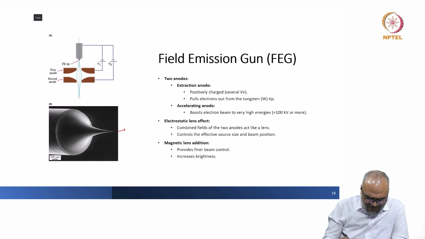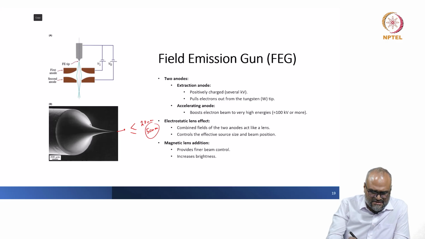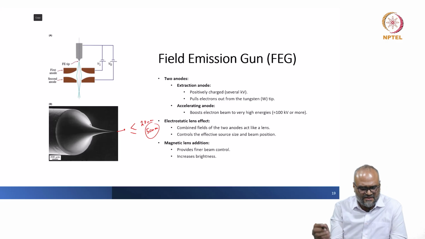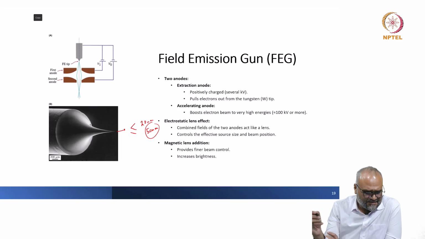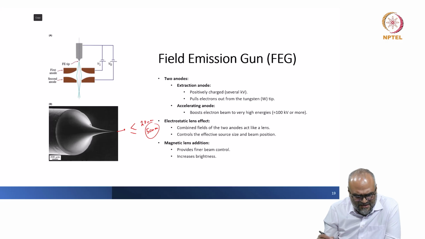You have an extremely fine tip. Typically, the tip radius here is less than 20 nanometers or 50 nanometers, and this goes into an assembly which looks like this. Here is a schematic of a field emission gun. This is typically used in a Schottky field emitter, or even a cold field emitter has a similar construction.